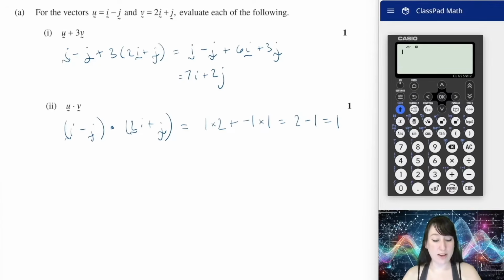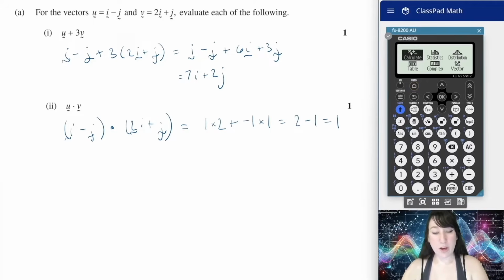Okay, before we move on, I can show you what we can do to check our answers on the Casio FX8200. First, from the home screen, we can go to vector mode. And we can define the 2 vectors we're working with. We're working with 2-dimensional vectors. The first one's components are 1 and -1.